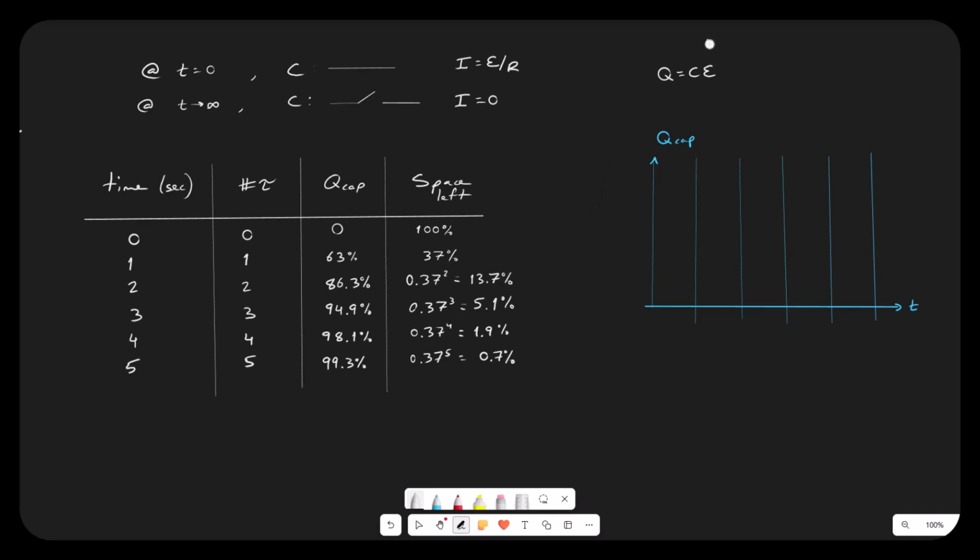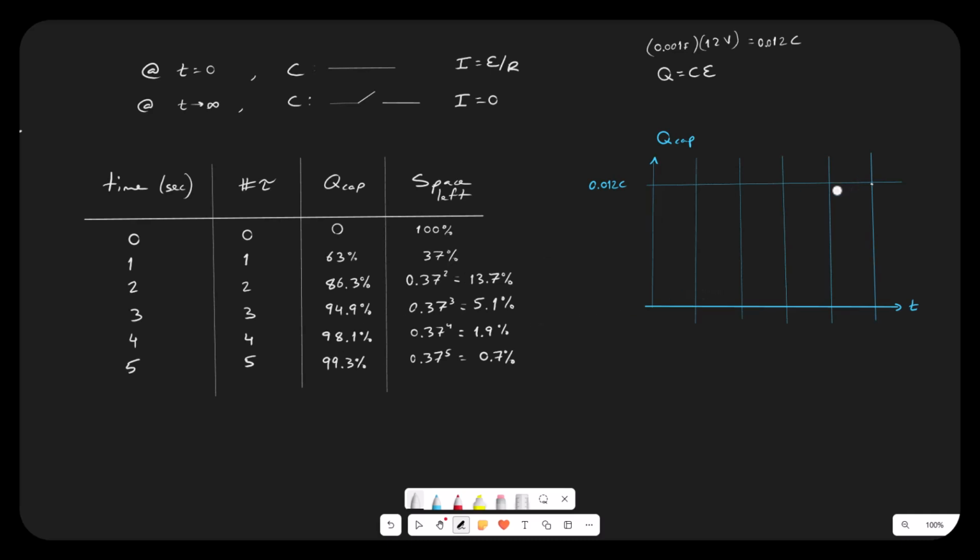So if I've got a 12 volt battery, and I've got that 1 millifarad, I'm going to get 0.012 coulombs, which again is a lot. So over here, I'm going to get 0.012 coulombs.